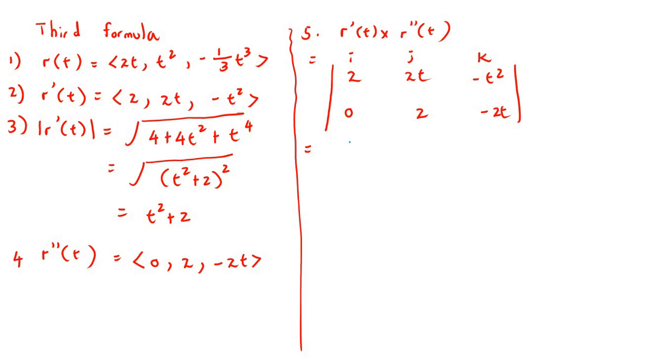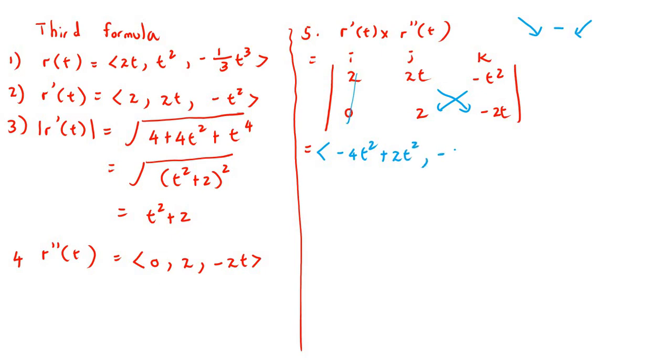You close the i column first, then use the main diagonal minus the other diagonal. So 2t times negative 2t gives negative 4t squared on i, minus negative 2t squared.